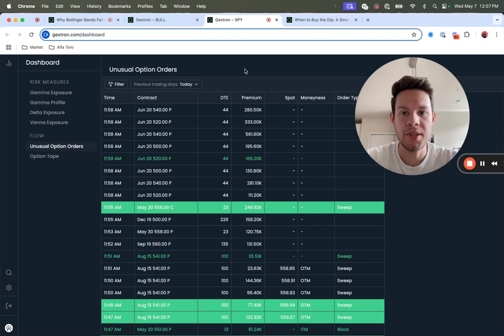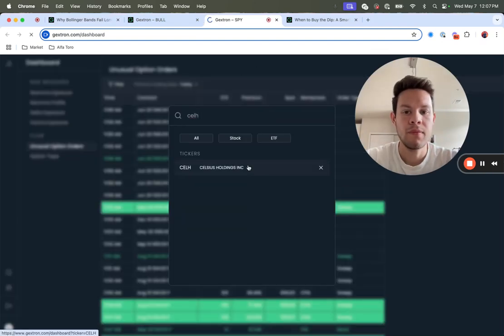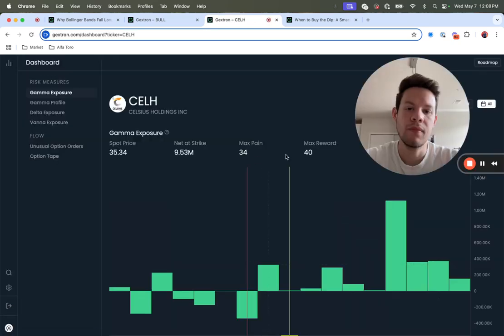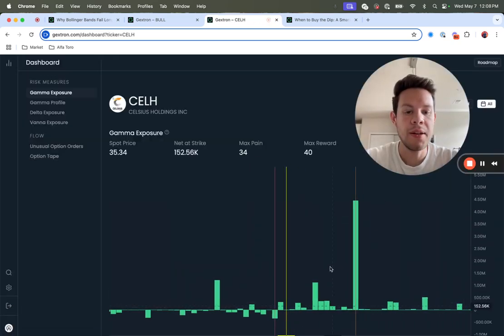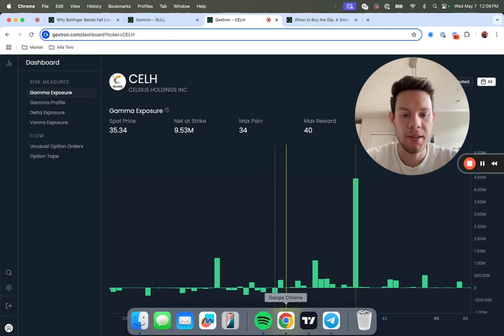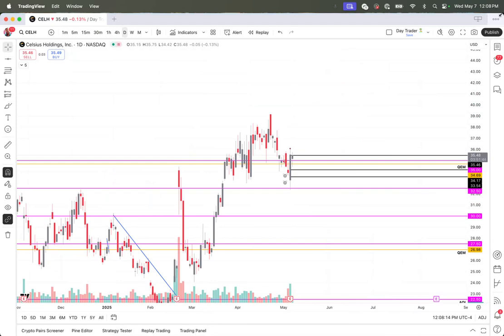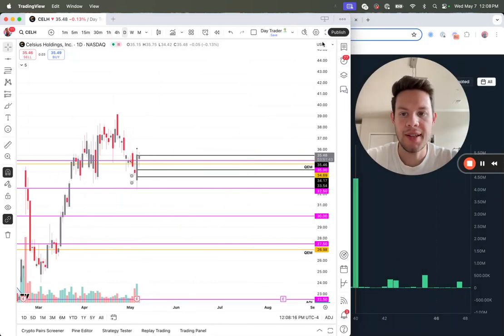Let's pull up Celsius. Okay, so these are my local levels. Right now we're saying max reward is 40, so I need to update that chart. Let's update that.